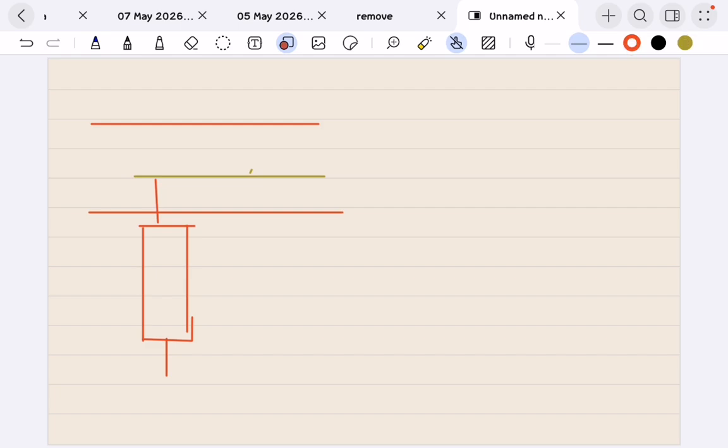So what I would like to see is, let me use a different color, I want to see price go up and then reject, closing inside this candle's range, this candle here. So what will that candle actually look like? It's a CRT. I want to see a candle like this. I want to see a big rejection with a body like this, maybe.